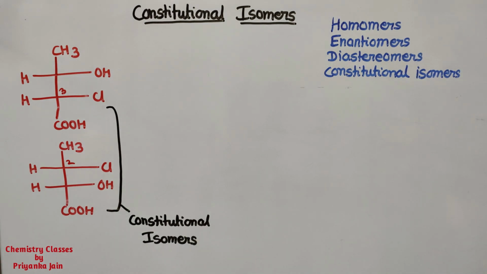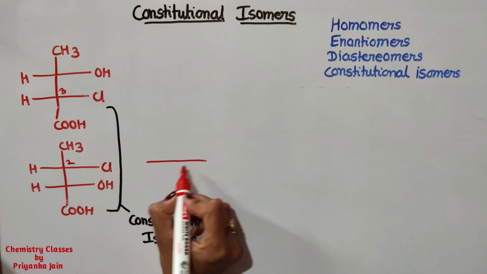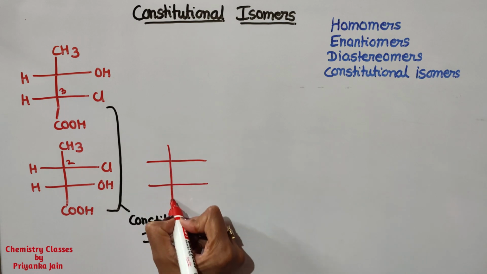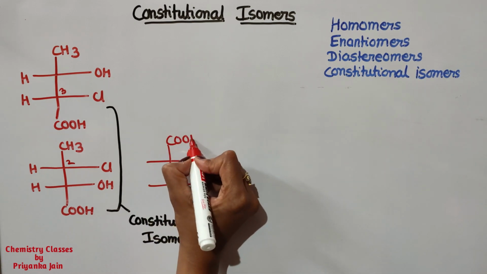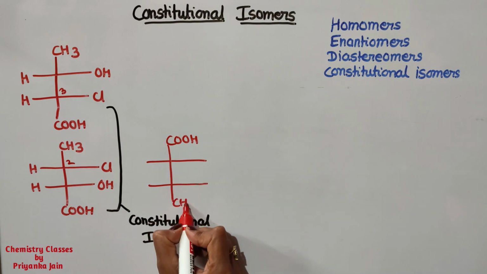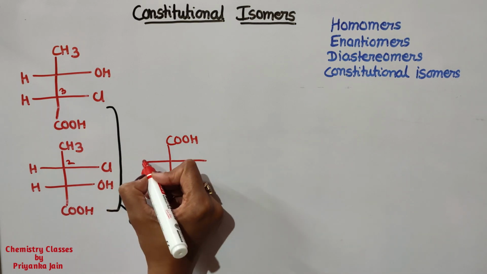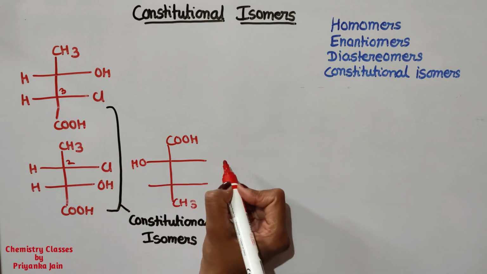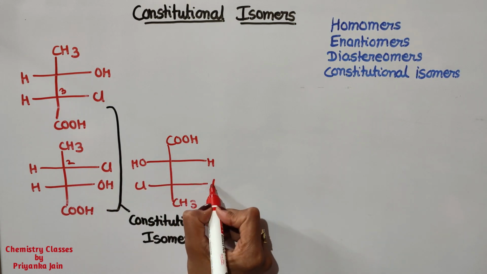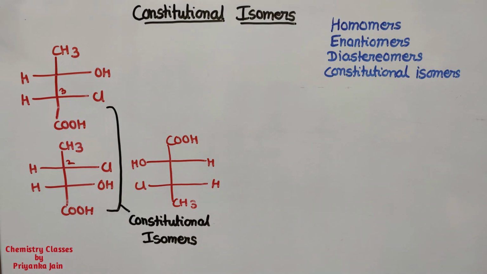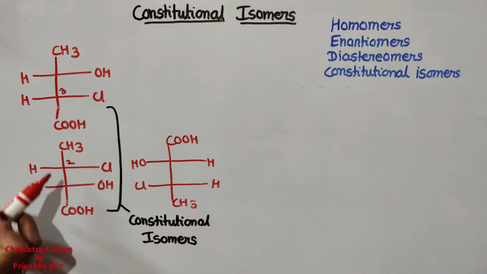Okay, and if we have to find out the homomers, suppose we have given this structure. Okay, now see here, we can rotate this by 180 degree.